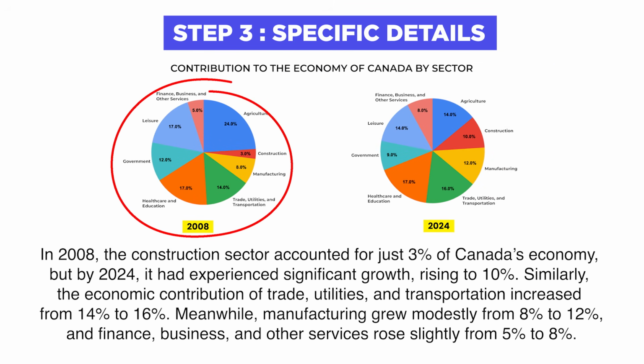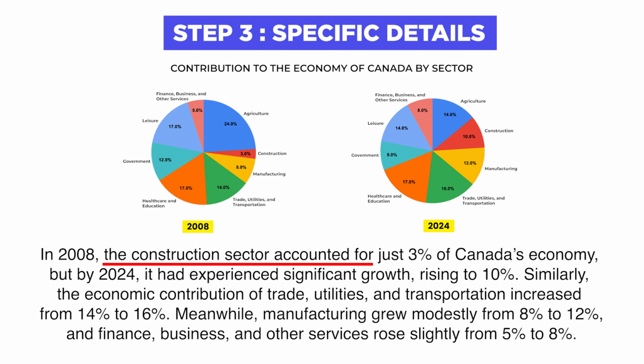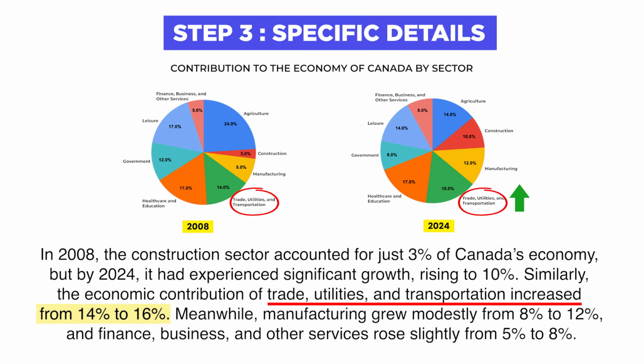In 2008, the construction sector accounted for just 3% of Canada's economy, but by 2024 it had experienced significant growth, rising to 10%. Similarly, the economic contribution of trade, utilities, and transportation increased from 14% to 16%.